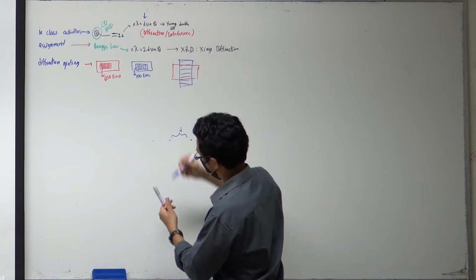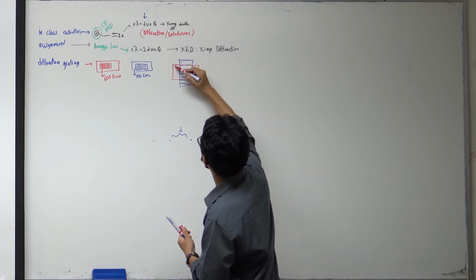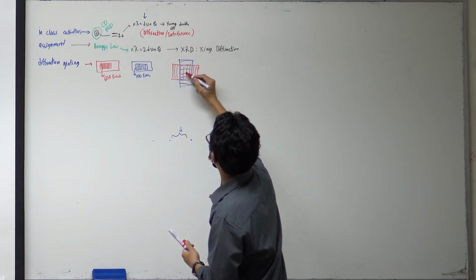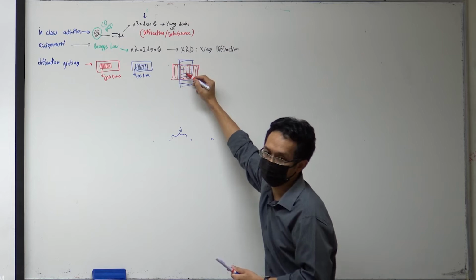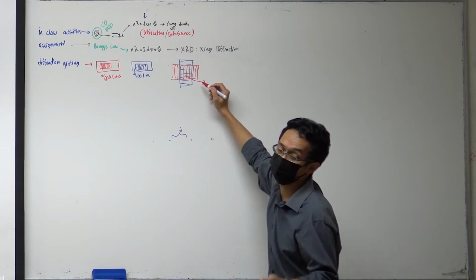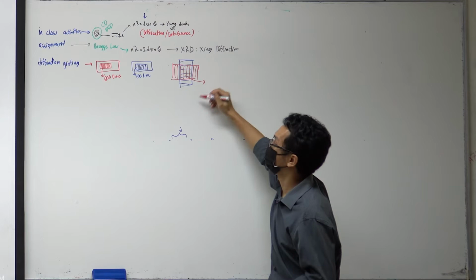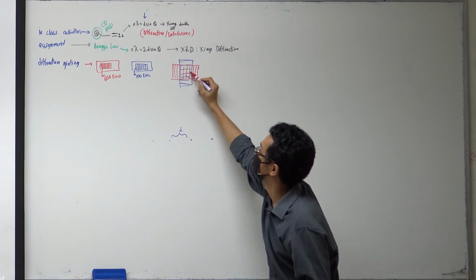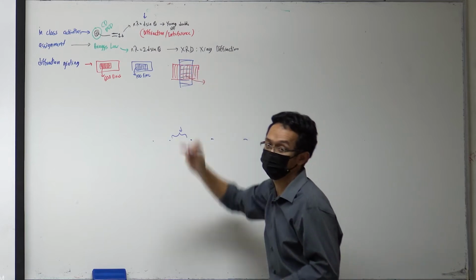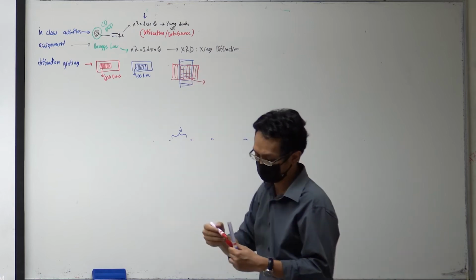So you have something like this. So this is what you saw, the pattern just now. From the pattern you can deduce the location of the lines, the distance and the location.